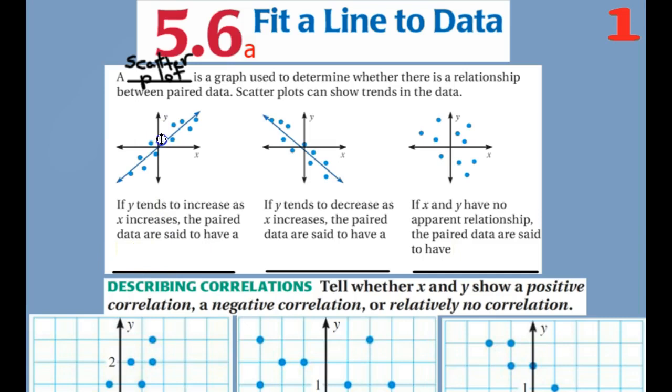So if y tends to increase, so when y goes up, x goes up, these two are said to have a positive correlation. Now correlation just means relationship. They have a positive correlation.